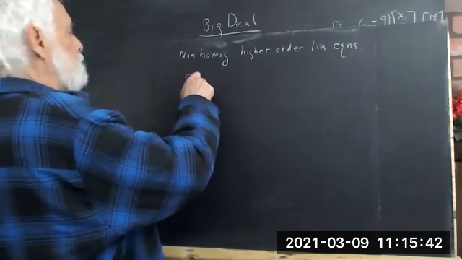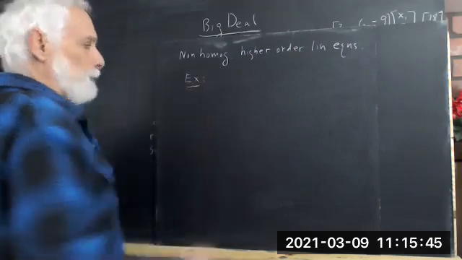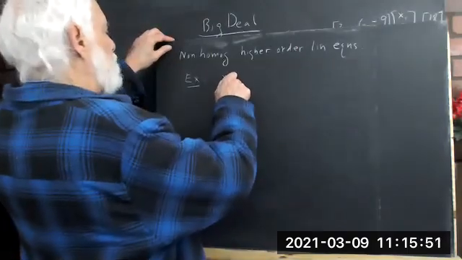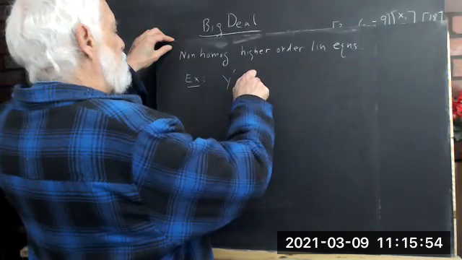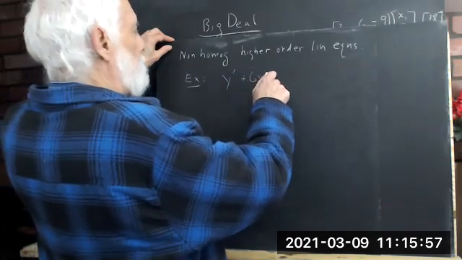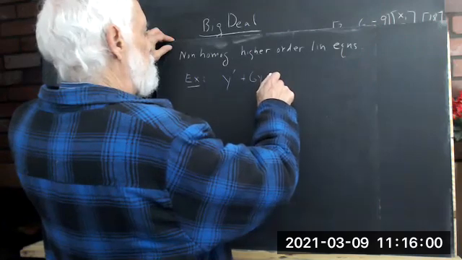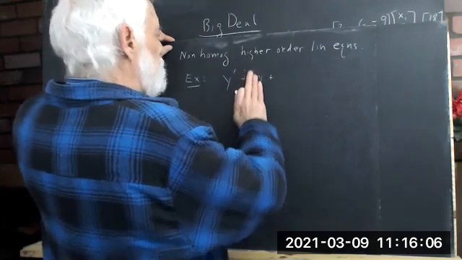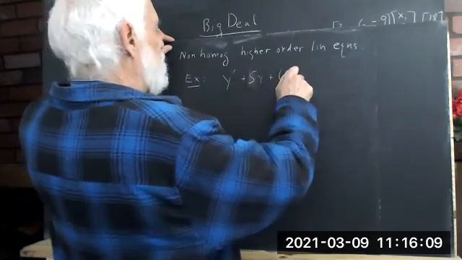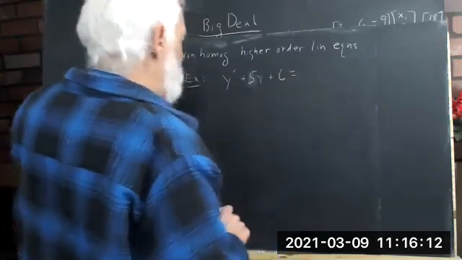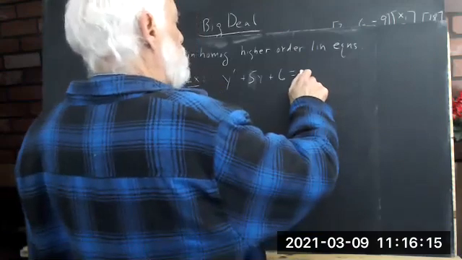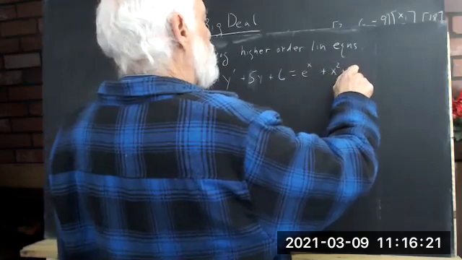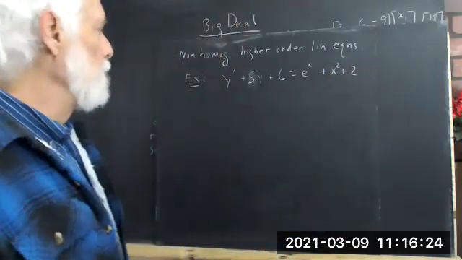Okay, so example. I'm going to stick to simple examples because non-simple examples are still simple. Let's say we have y double prime plus 5y prime plus 6y equals e to the x plus x squared plus 2.